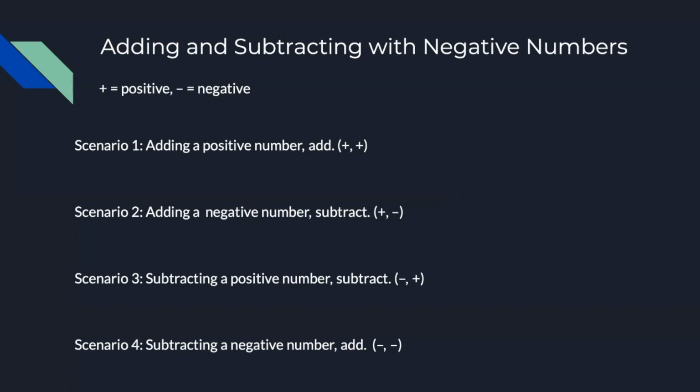All righty. For scenario number 3, subtracting a positive number. This is where I got confused last time, but it was correct. So let's just go over it again. I don't really want to confuse anyone. So we have 7 minus positive 8. Okay, so what do you guys think?